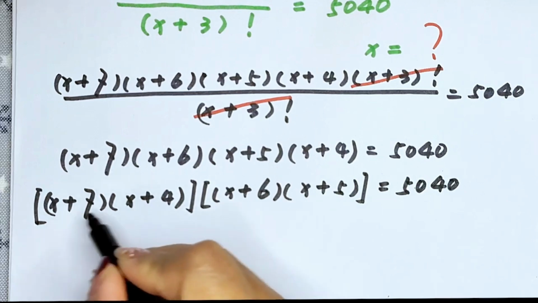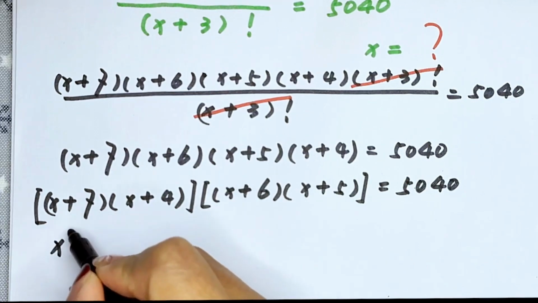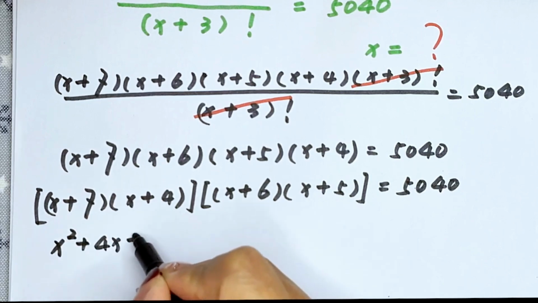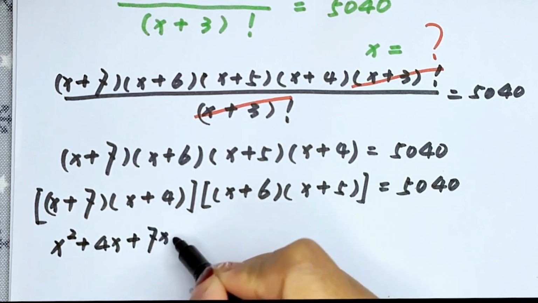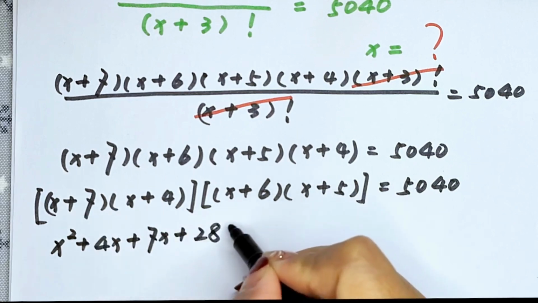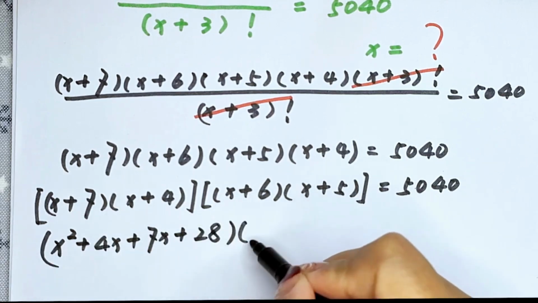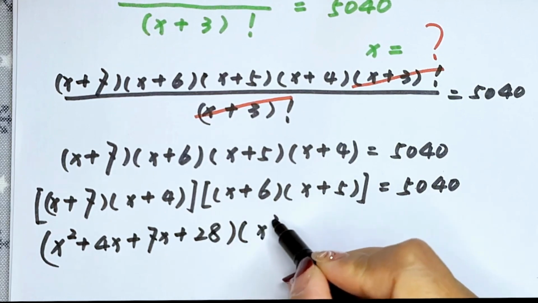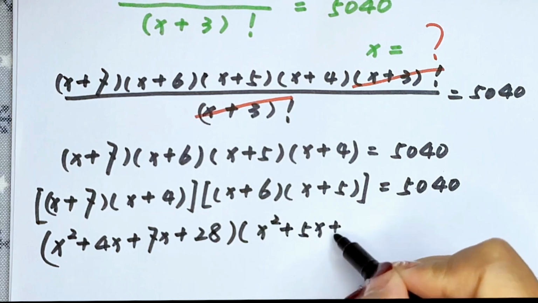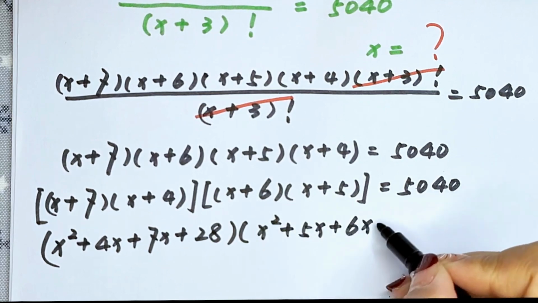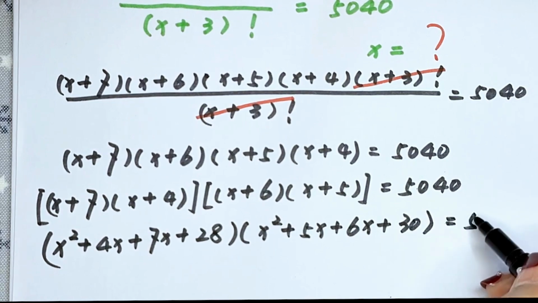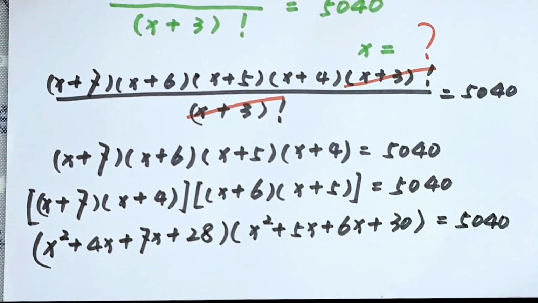So x times x is x squared plus 4x plus 7x plus 7 times 4 is 28, bracket, then times x squared plus 5x plus 6x plus 30 equals 5040.